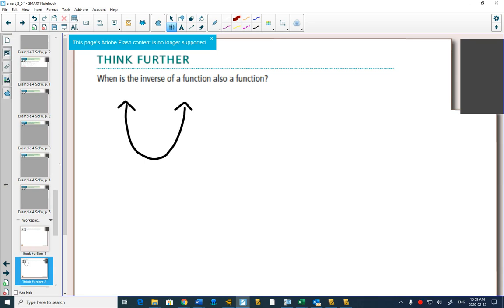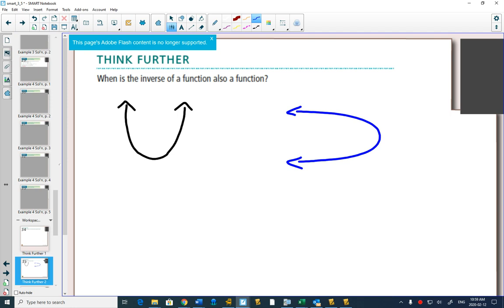When you switch the x and the y's on that parabola, the inverse looks like this. Can you see that that blue function does not pass the vertical line test? The black one, a parabola, is a function. But the blue one is not a function.